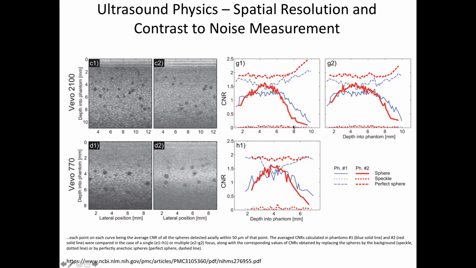Depending on the frequency, this depth would change. But there's quite obviously a focal point where you're getting really good contrast to noise, a lot of echo per unit noise. And then as you move away from that, it rapidly decays away. So down here, the actual echo amplitude is decreasing pretty rapidly as we go deeper into the sample.